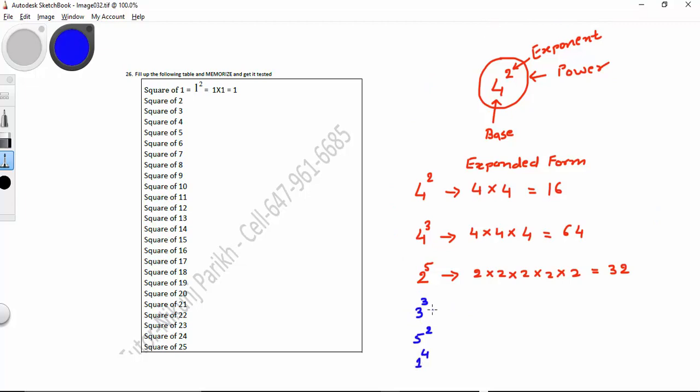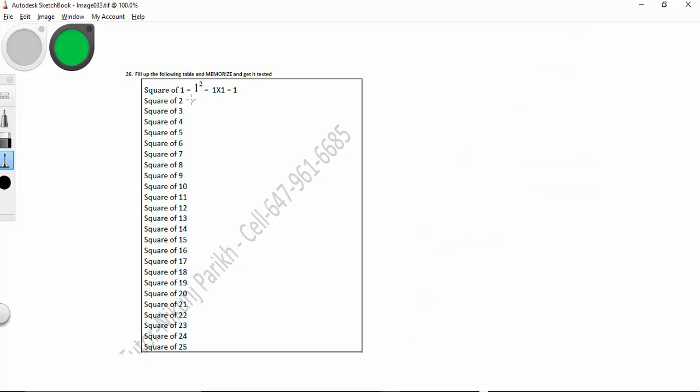I want you to write them in the expanded form and then in the standard form. So you can pause the video now, finish this exercise, show your answer to your teacher, and then you can proceed further.